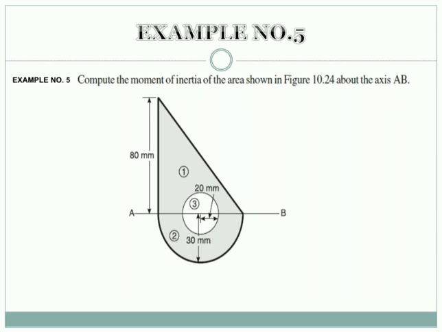So we find that the figure consists of a triangle, a semicircle and a circle which is a cutout. Okay, so you have to observe it properly. Triangle has a height of 80 and the base of the triangle will be nothing but the diameter.